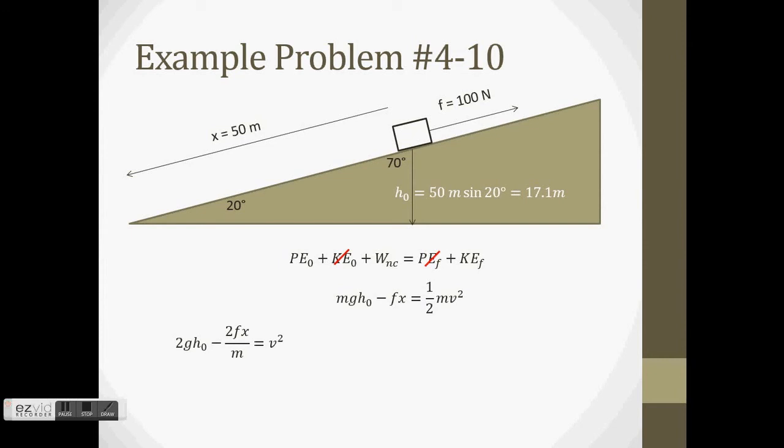Next, I multiplied everything by 2 to get rid of the half, divided everything by m, and then square rooted everything, and I would end up with the same result we had before, the 14.2 meters per second. At least in this way, I think it's a little easier to get to this result using conservation of energy than it was using the work-energy theorem. You can get to the same result in more than one way.